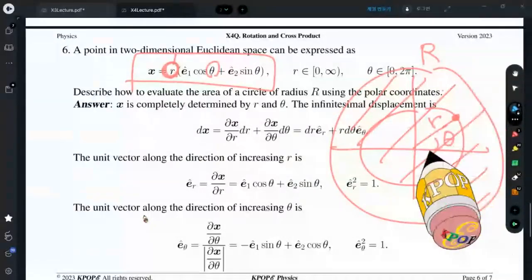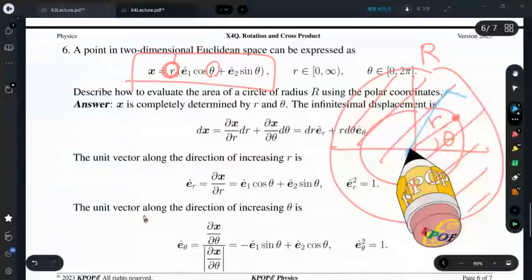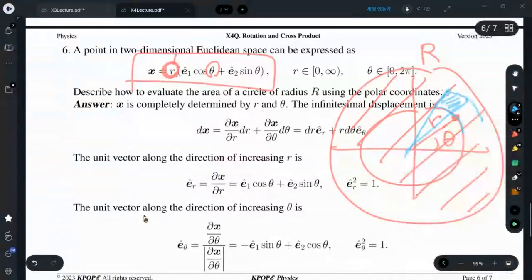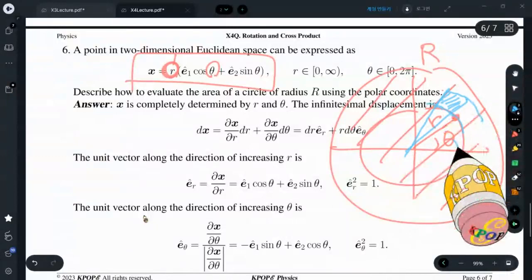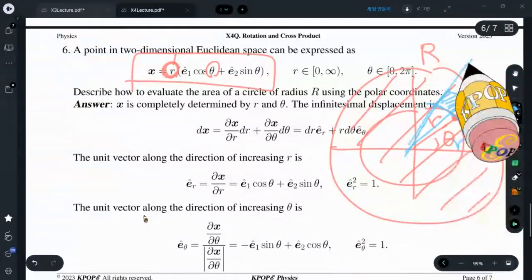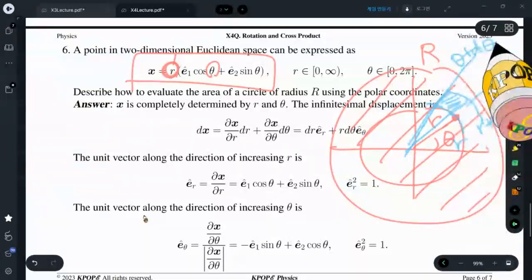You will find the area of a small rectangle whose radius is from r to r plus dr, and the angle is between theta and theta plus d theta.